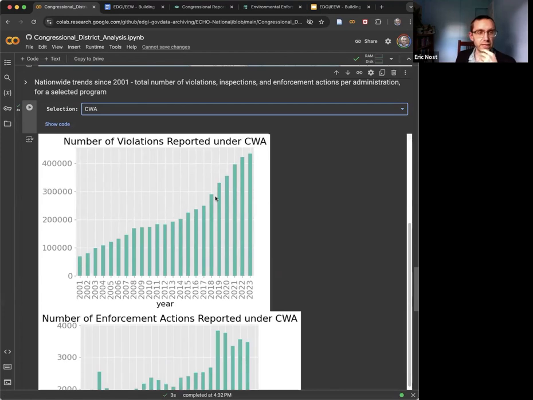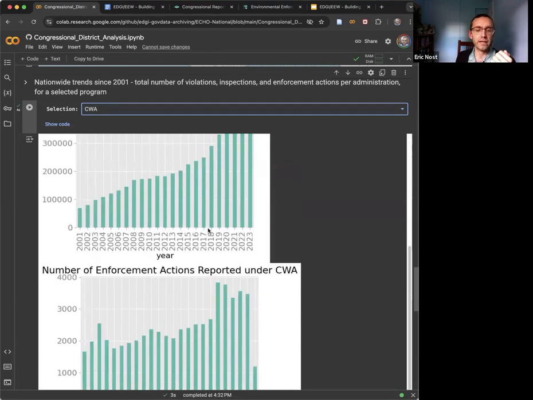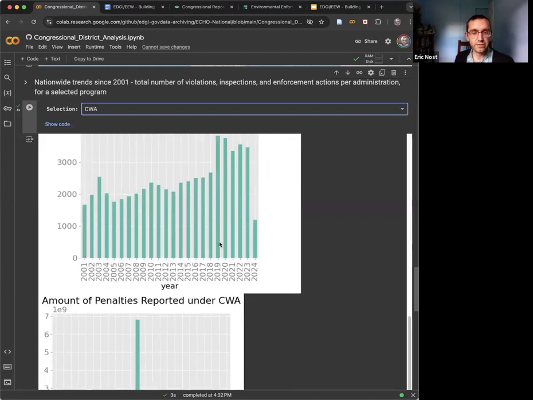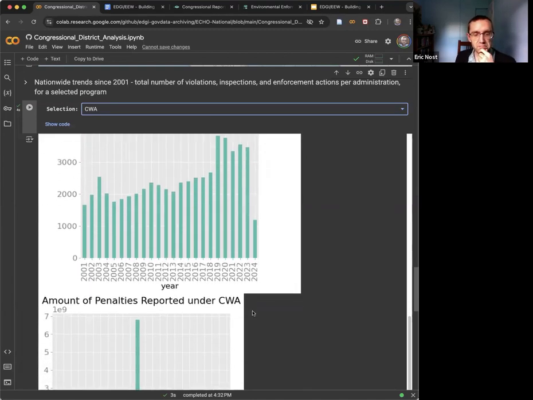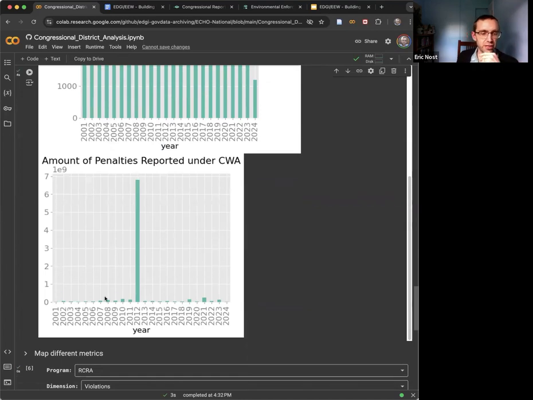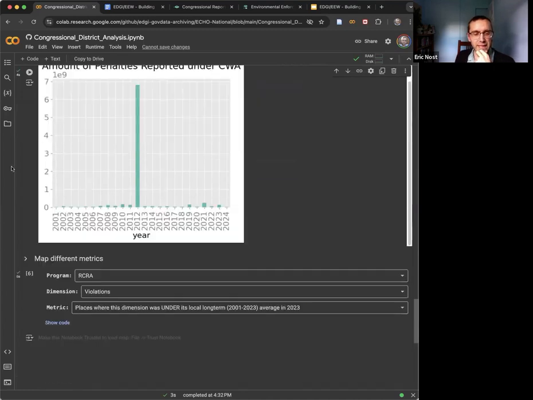A rise in the number of violations reported, in part because monitoring data is being directly reported to the EPA and violations can be automatically flagged. Enforcement actions are up since the Biden administration. Penalties, you have kind of outlier years here, actually, in 2012.